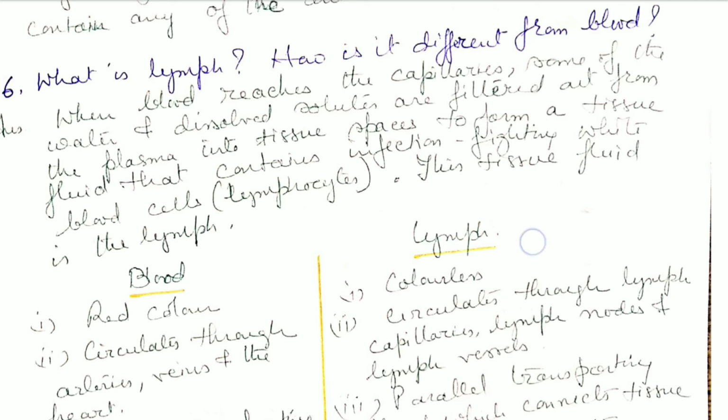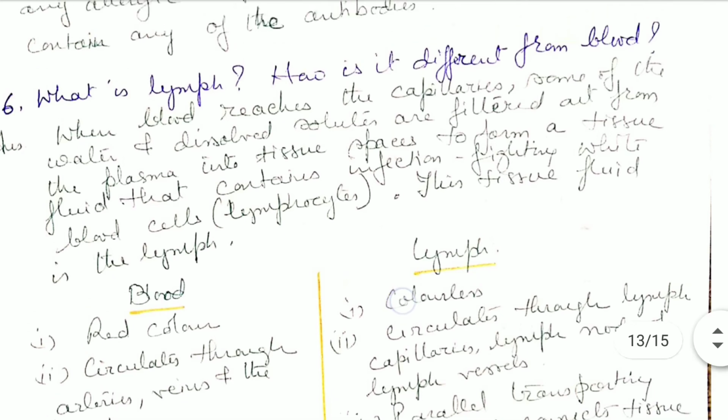So what happens when the blood reaches the capillaries? As we know, the capillaries have a very thin wall where osmosis and diffusion can take place. So through these walls, water and some dissolved salts are filtered out from the plasma into the tissue spaces, and in these tissue spaces there are present what?